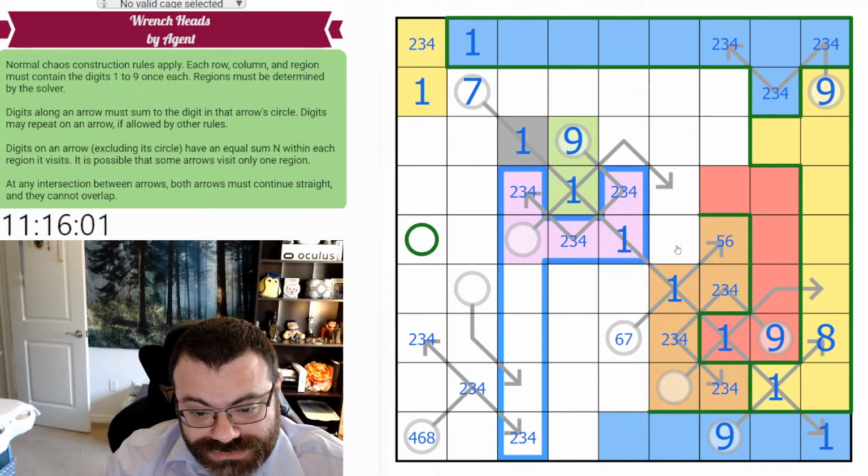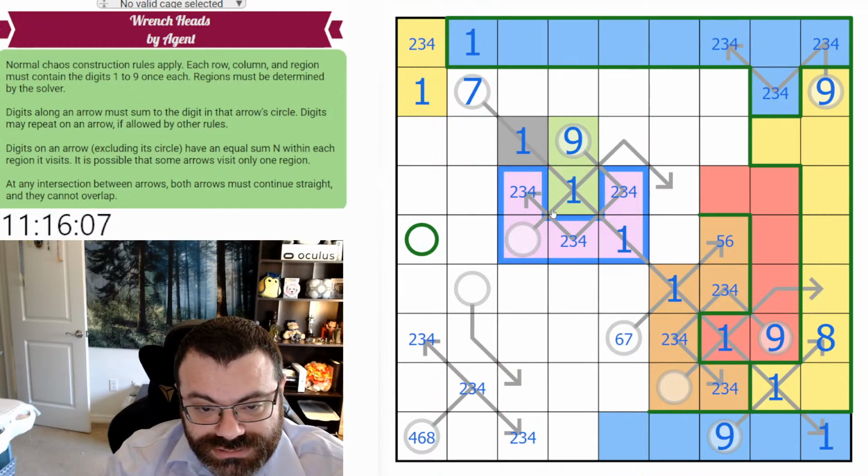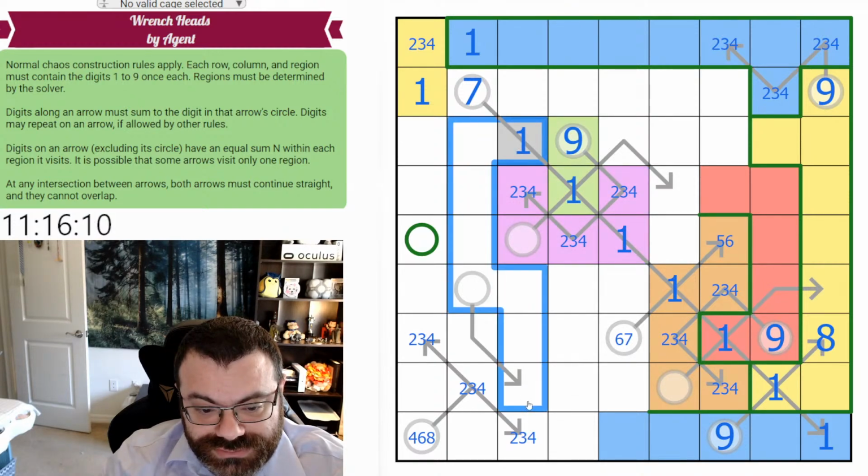Well, orange can escape though. Oh, purple already has too many 2, 3, 4s, so it can't take it. Can gray do this? I think gray could do that. Yeah, if gray does that, okay.